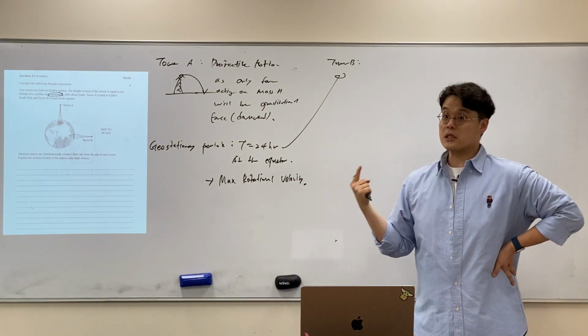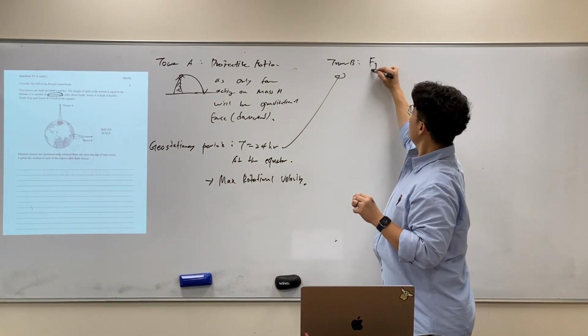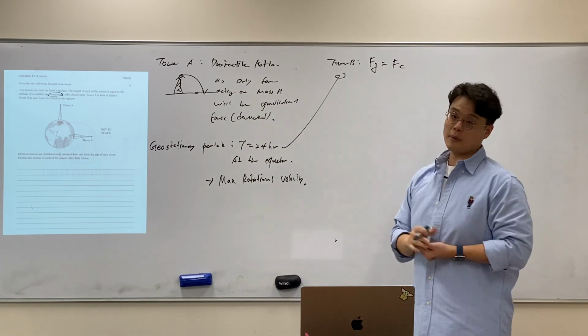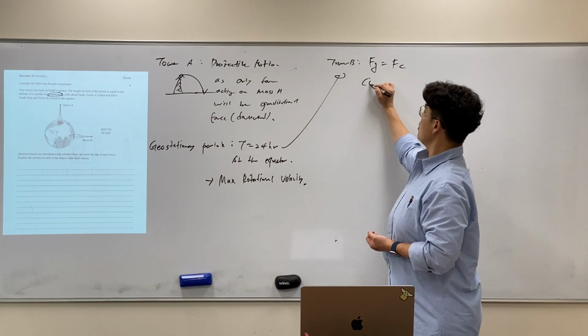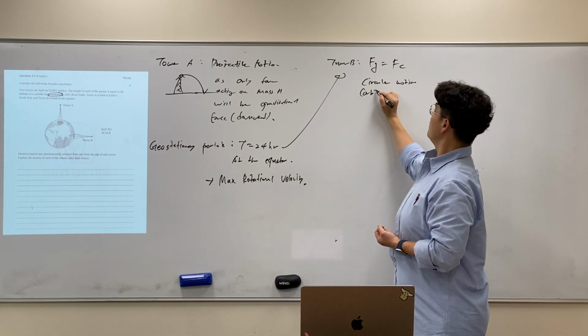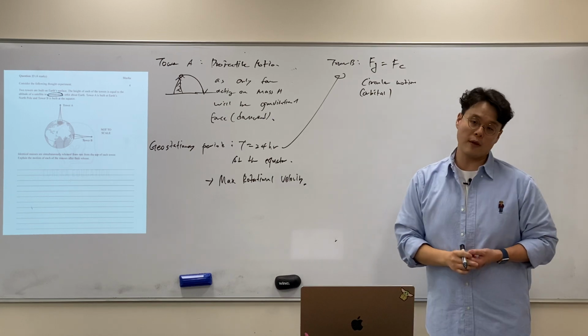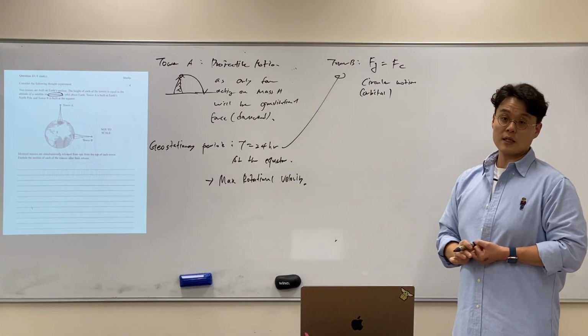Why is that? Because the gravitational force is now converted into the centripetal force, so that it makes what? Something called circular motion, or the orbital motion around the Earth. Does it make sense to all here?